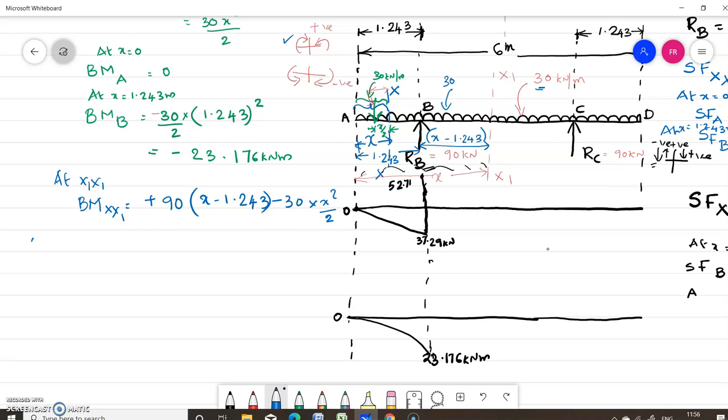Now we can find out what is bending moment at x equal to 1.243.